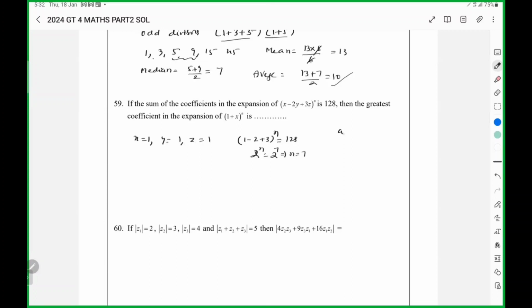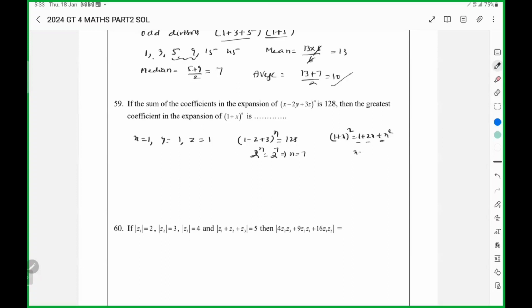Here, why we should put x, y, z as 1? Suppose a naught square, 1 plus x whole square is there: 1 plus 2x plus x square.